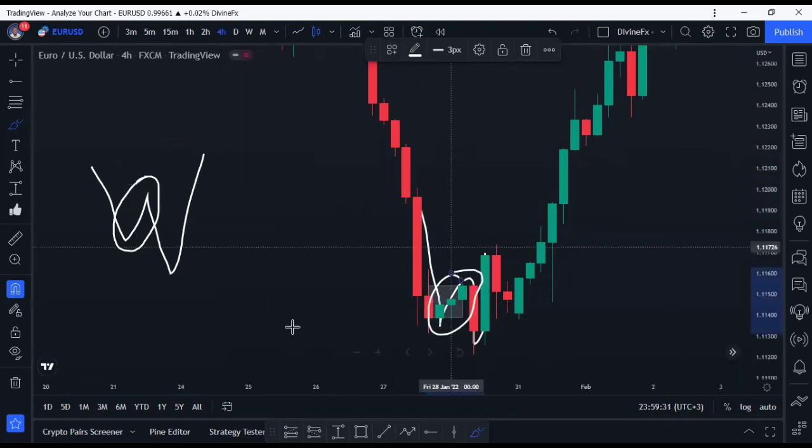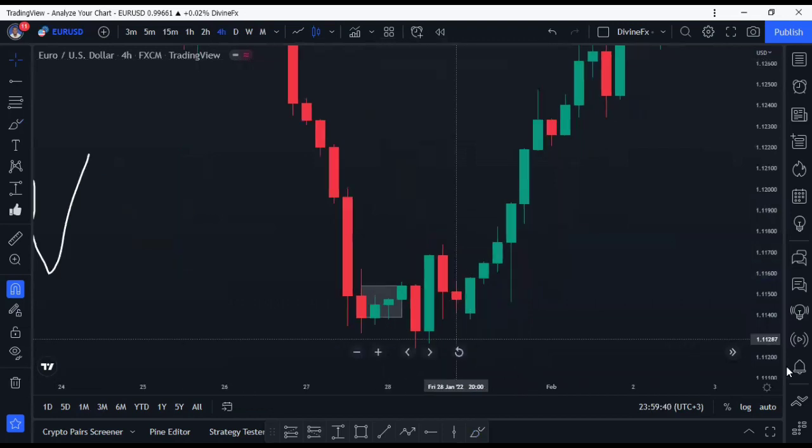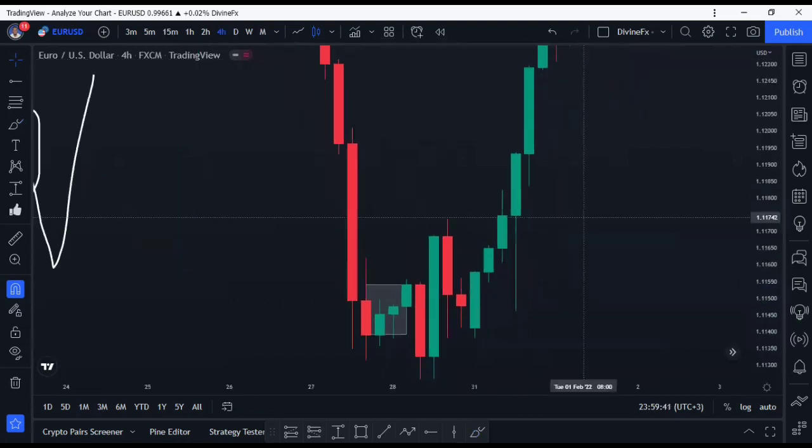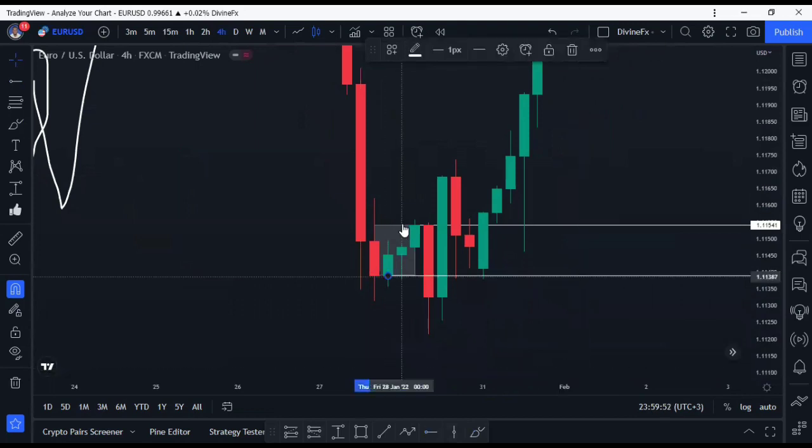After breaking these previous highs and lows, we had an invalidation point. This was the last higher high, which price has broken, and this was the last lower low, the previous lower low, at this point. You see it.